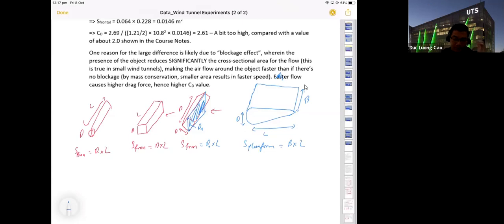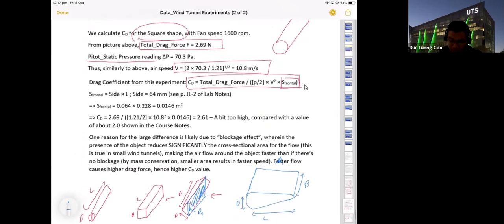So for raindrop facing forward and backward, you use planform area. This one will be replaced by planform area. Process the same. So use this equation. Everything you have: drag force you have, density you have, V you have, S frontal or planform you have.